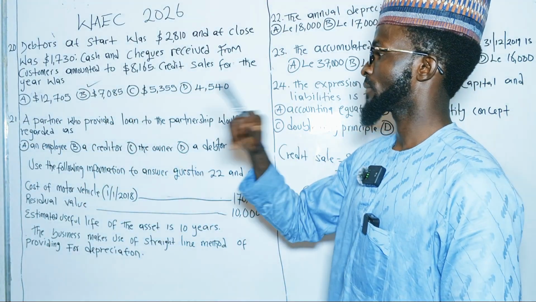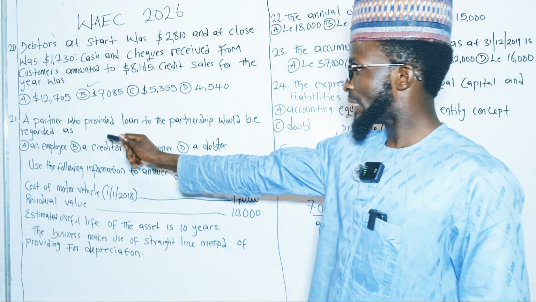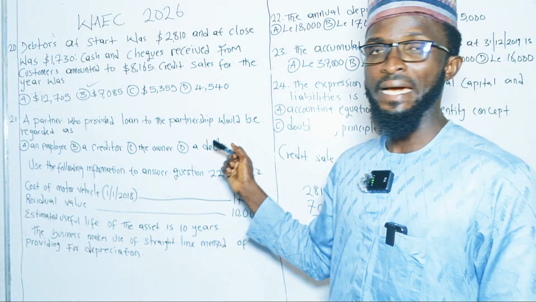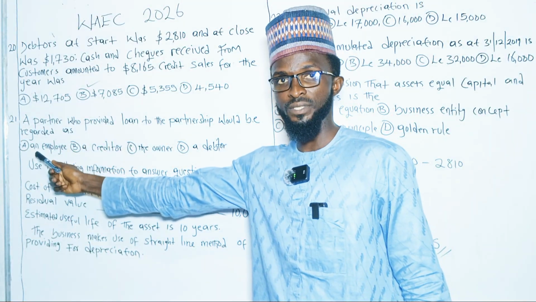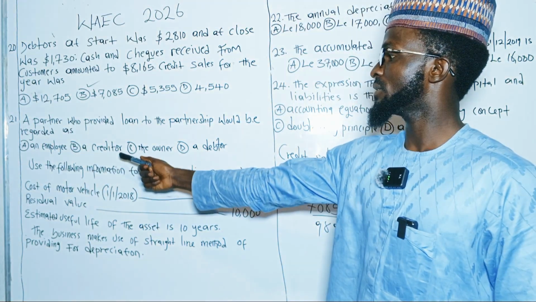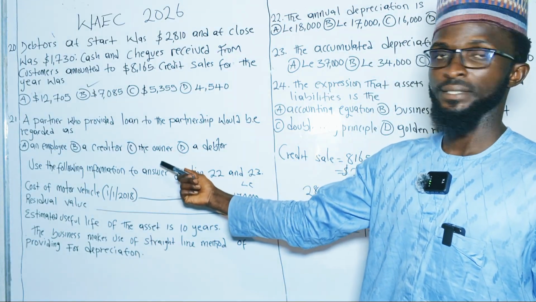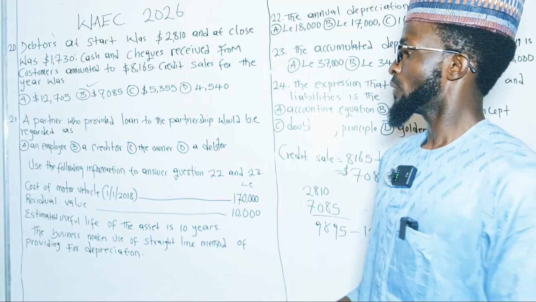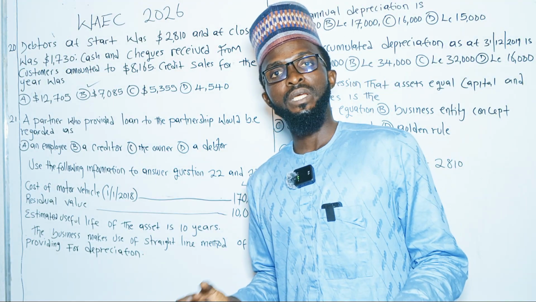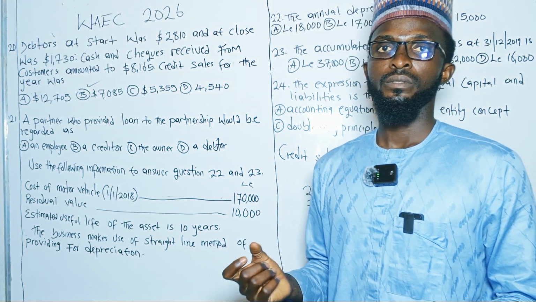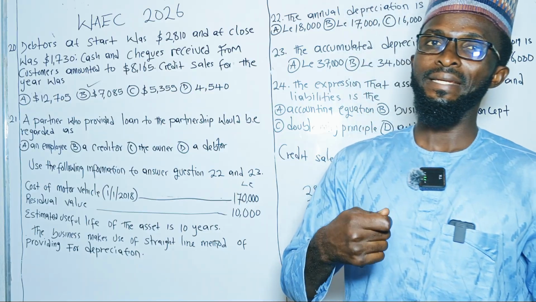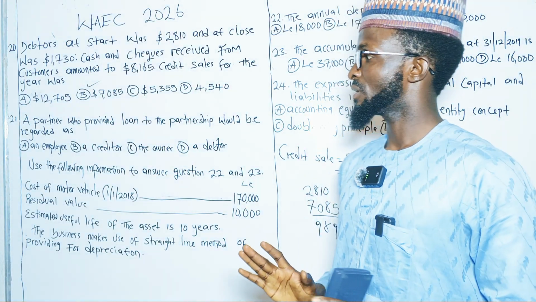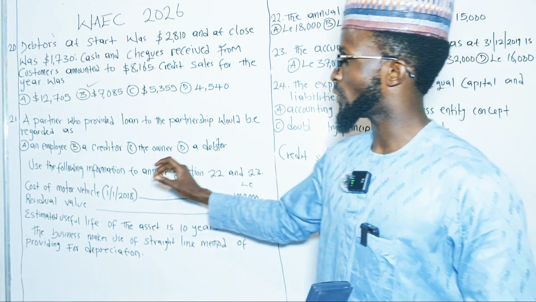Question 21. A partner who provided loan to the partnership would be regarded as A, an employee, B, a creditor, C, the owner, D, a debtor. So the question is trying to determine a partner that lends extra money besides his own contribution. What are we supposed to call him here?